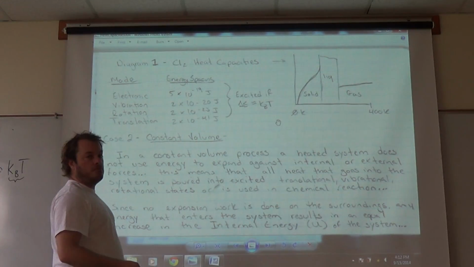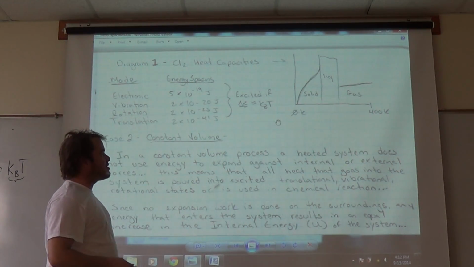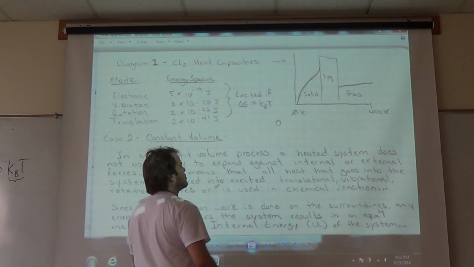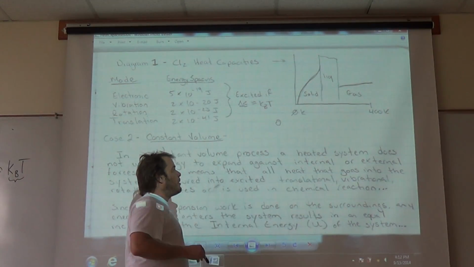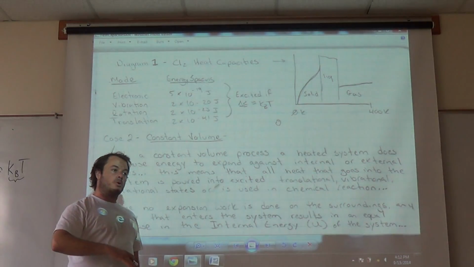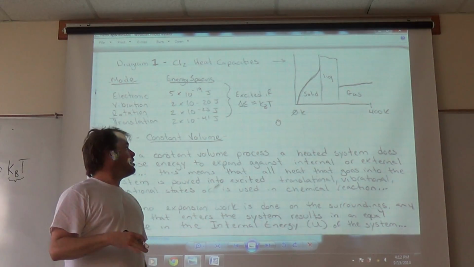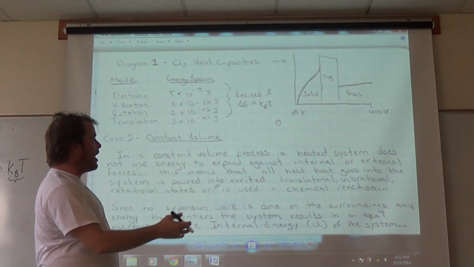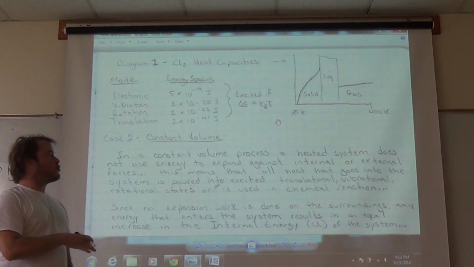We saw that the liquid has a higher heat capacity than the solid, and so when we get to that solid-liquid boundary, the heat capacity increases. And then we saw that the gas had a lower heat capacity than the liquid, and so when we cross that liquid to gas boundary, the heat capacity drops.